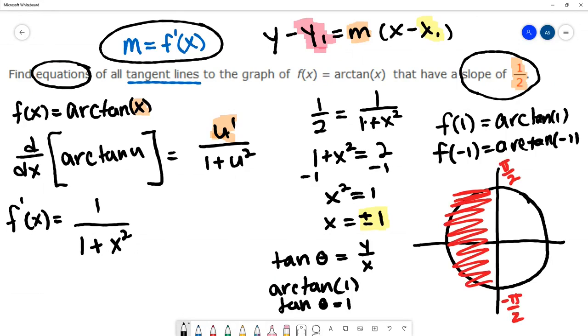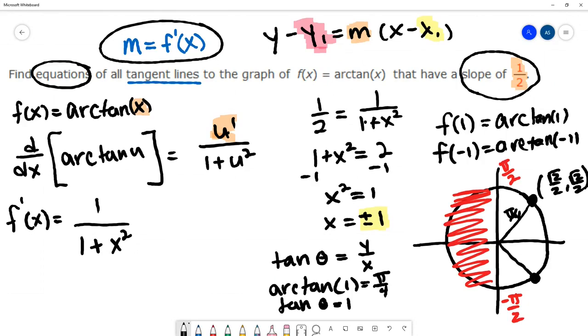So we have here and here where the coordinates of the point are square root of 2 over 2 and square root of 2 over 2. This is going to give me an angle of pi over 4. So arctangent of 1 is pi over 4, because square root of 2 over square root of 2 is 1.